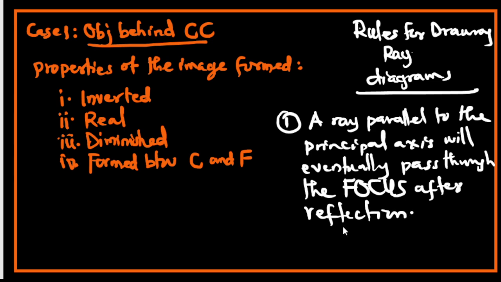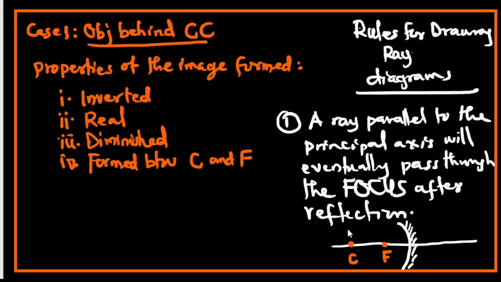So this is what I mean. If you have this to be a concave mirror and you have this line here to be principal axis, okay, then you then have what, this point here to be principal focus and this point here to be center of what, curvature.